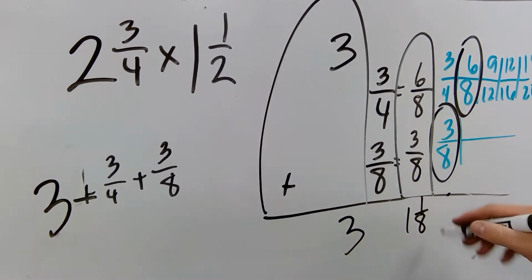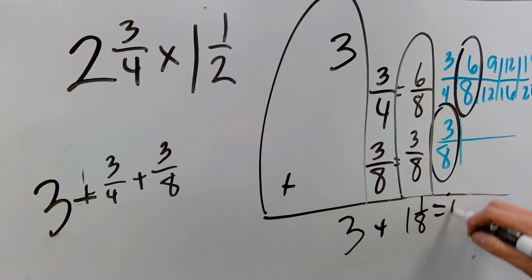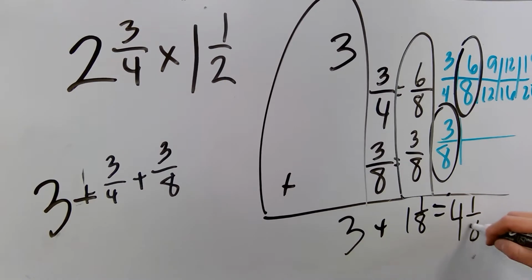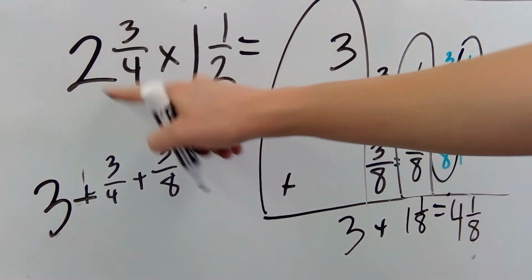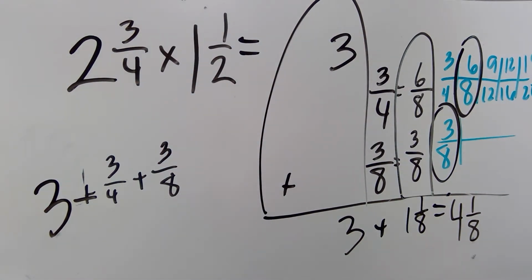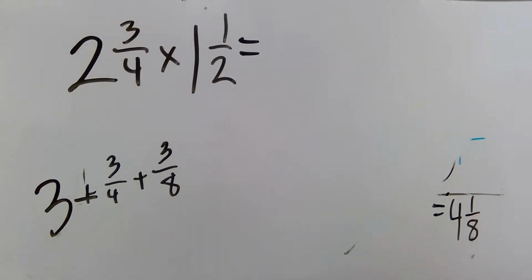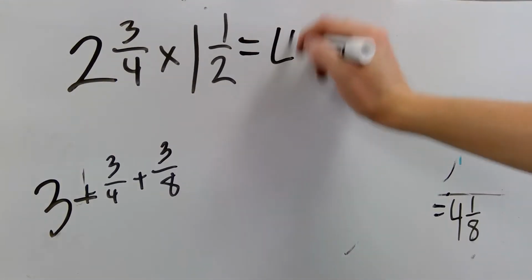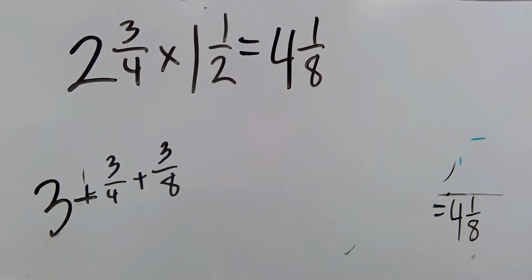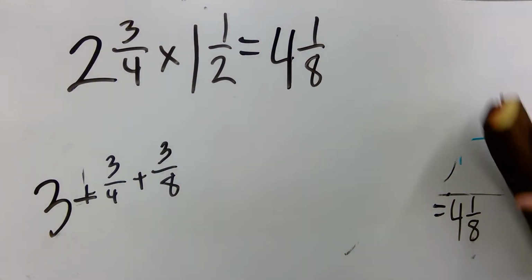I need to put all of that together, and it will equal 4 and 1/8. So we just did a ton of math to solve what 2 3/4 multiplied by 1 1/2 equals. And our whole answer comes out to be 4 and 1/8. That was a lot of work to get to that point, but that's okay.